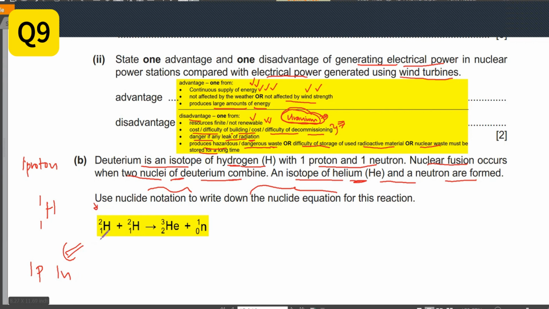The proton number is still 1, but the mass number is proton plus neutron, so the mass number now is 2. So this is nuclear fusion. We fuse together smaller atoms to form a larger atom. It forms a neutron as a byproduct. So this is what we expect to happen here.